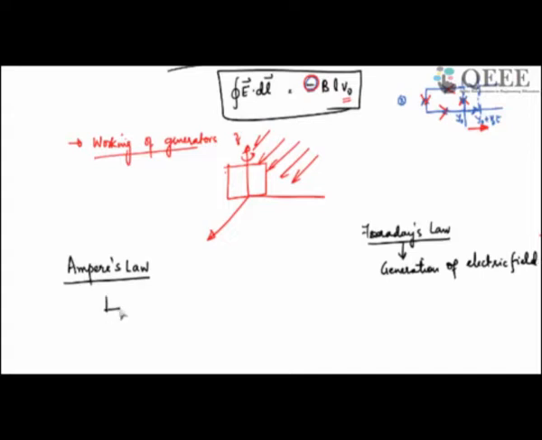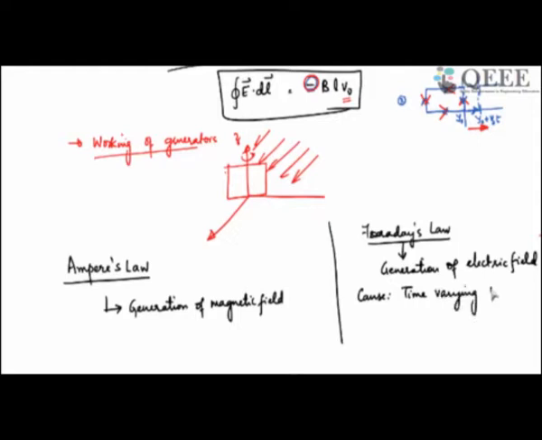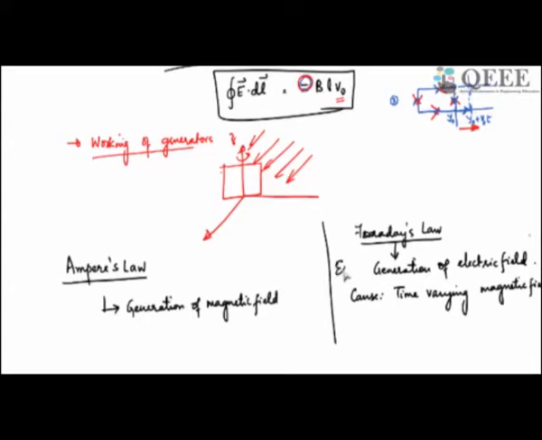It is going to consider the generation of magnetic field. What is the cause here? In Faraday's law, the cause was a time varying magnetic field, and the effect was generation of electric field.